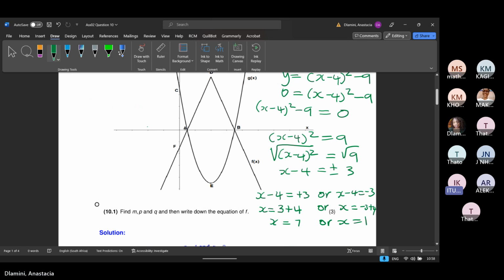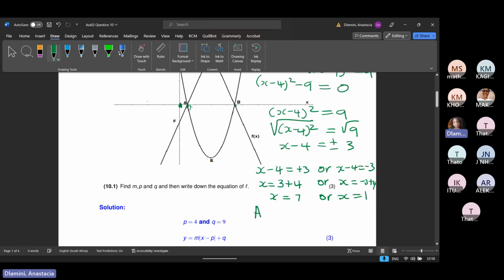The lowest one, which might be like a minus 7, will be on the left, and the highest number, which might be minus 1, will be closer to the origin. Here it's 0. So definitely this will be 1 and this will be 7.